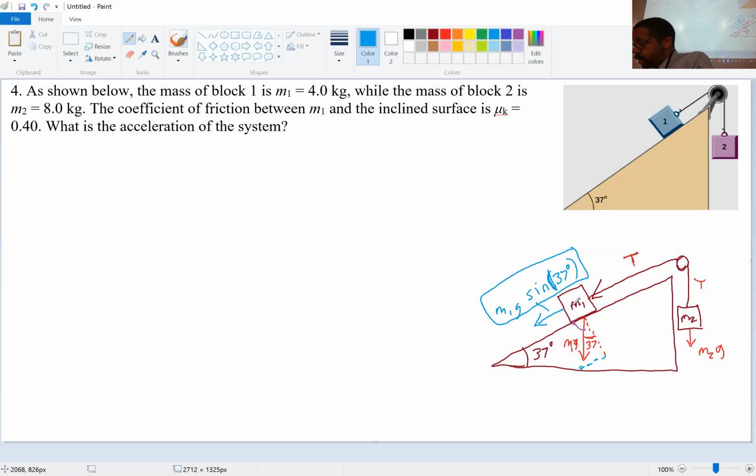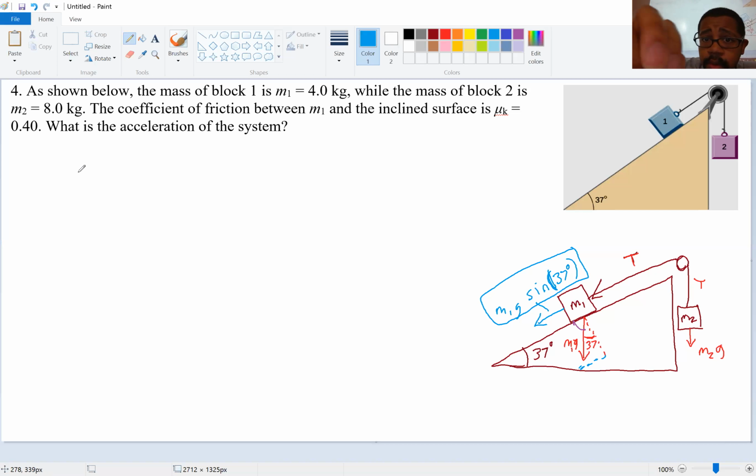All right. So then we'll sum all the forces. So basically, the acceleration of the system. So I'm going to write what he has here.